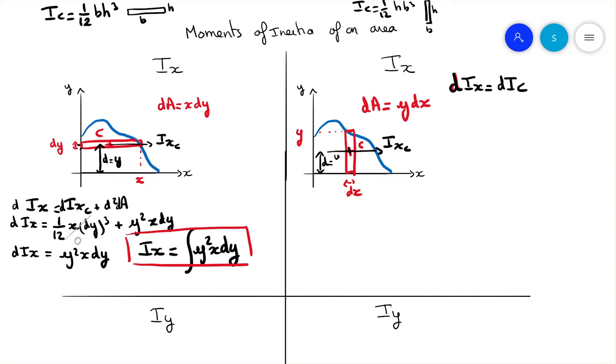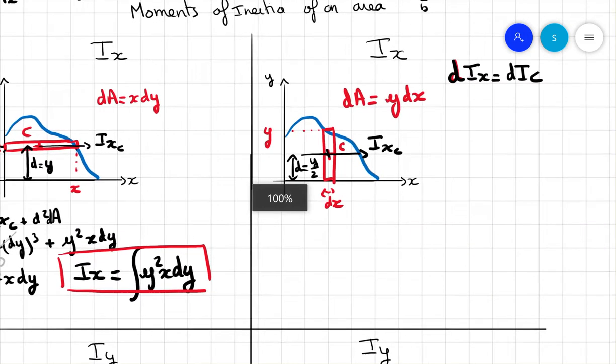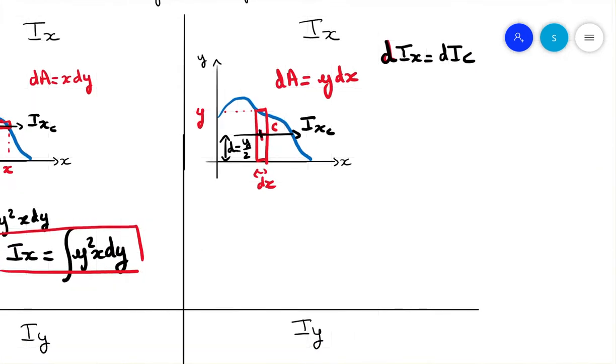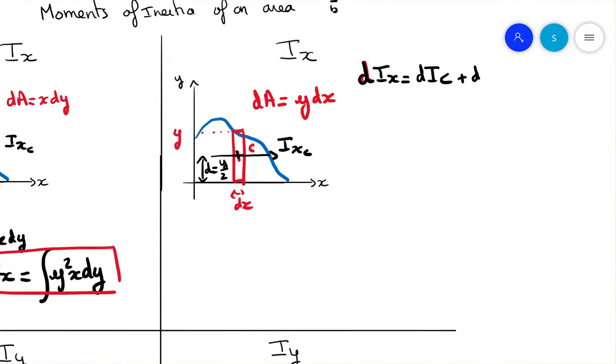That's not equal to y, that's equal to y divided by 2. Okay, make it a little bit bigger. Plus the d squared dA. Let's write it more like dIx.